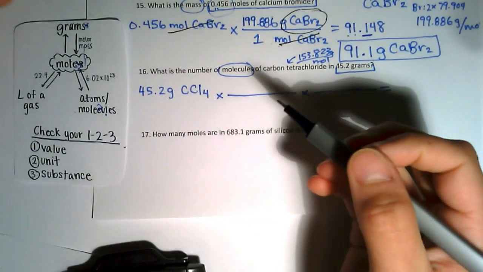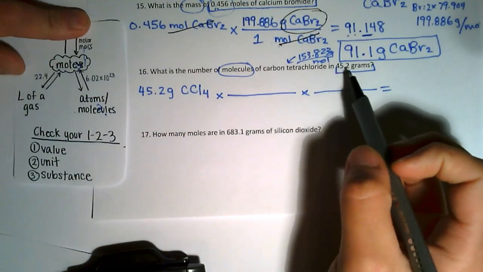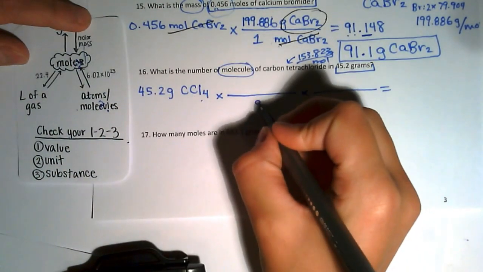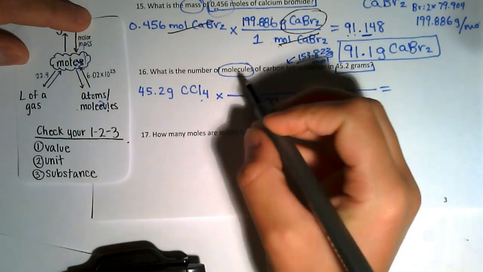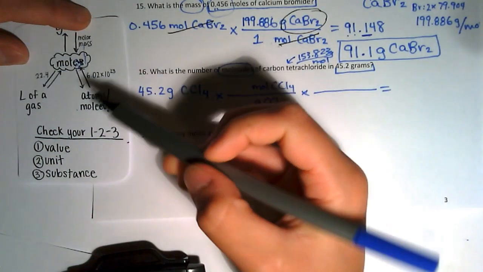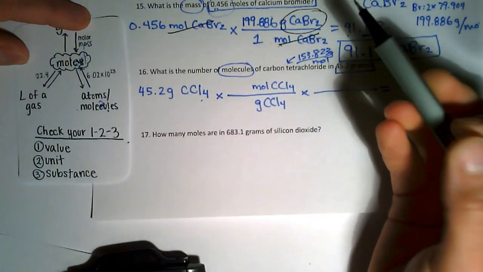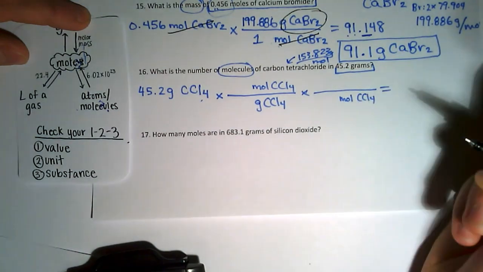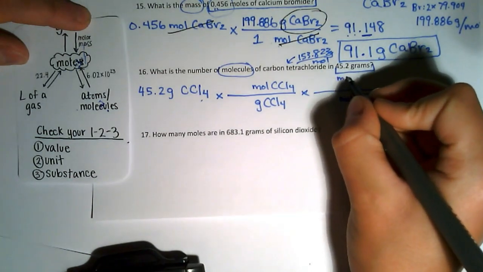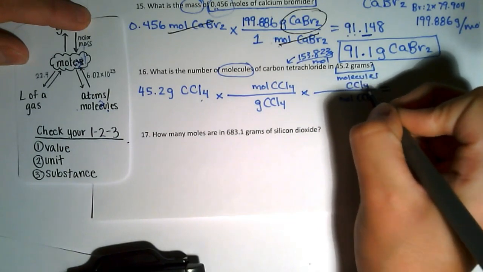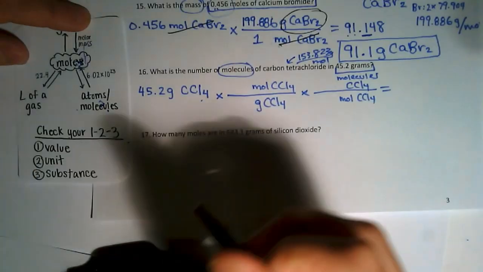So now we can set up our dimensional analysis. So we first need to take our grams into moles. So grams of CCl4 we want to cancel. And we want to go to moles of CCl4. And then our next, we want to go from moles to molecules. So moles of CCl4 goes on bottom. And then molecules, there's no abbreviation, molecules of CCl4 goes on top. Now we just need to fill in our numbers.